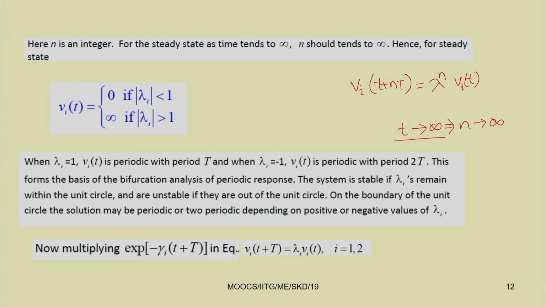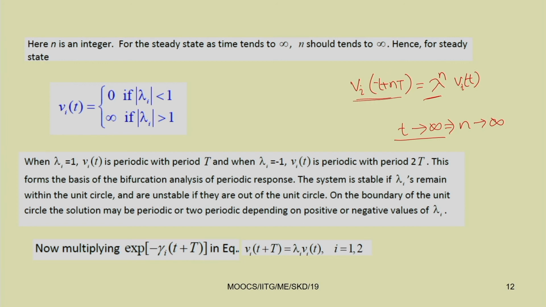If n tends to infinity, we have lambda to the power n V_i(t), and for steady state we can write V_i(t) equal to 0. That time we will write this in terms of t.